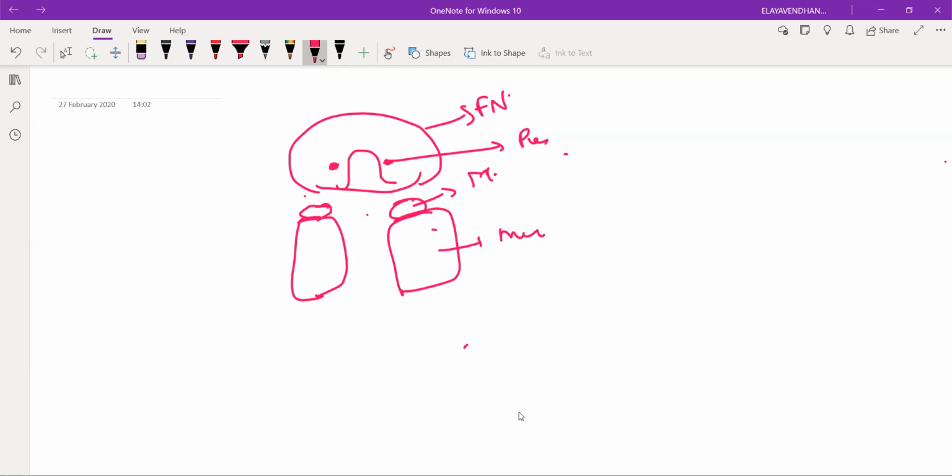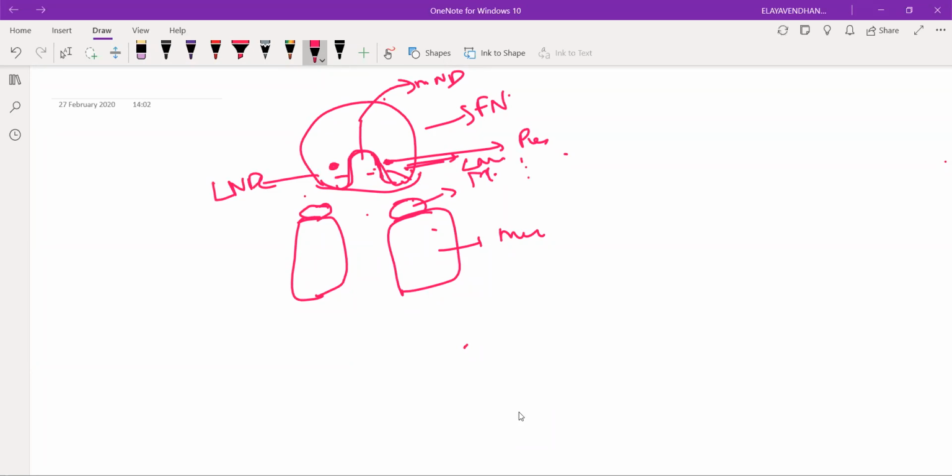So the frontonasal process gets divided into the median nasal process and 2 lateral nasal processes, as a cleft is formed here. This is one lateral nasal process. This is the other lateral nasal process. The median nasal process and the lateral nasal process join to form the upper lip on both sides. When there is failure of fusion of the median nasal process with the lateral nasal process, that becomes the cleft lip.